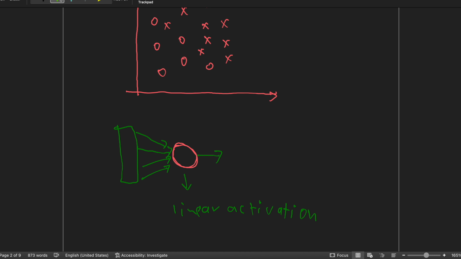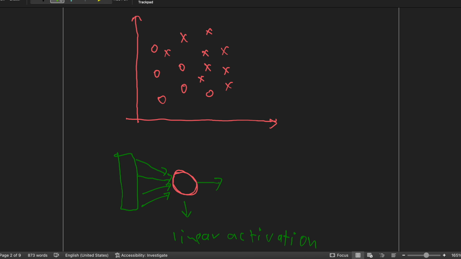So what is the output coming? It is basically the output only, because there is nothing like other activation functions such as relu or sigmoid. So the output will be the same.